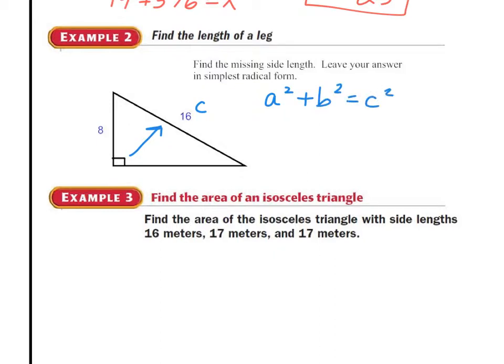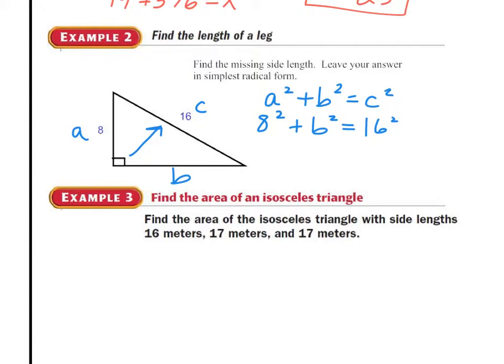If you want to label A and B, you could put A is 8, B is going to be this one. So put 8 squared plus B squared equals C squared. Not C squared, 16 squared. Go ahead and figure out what's 8 squared, what's 16 squared.